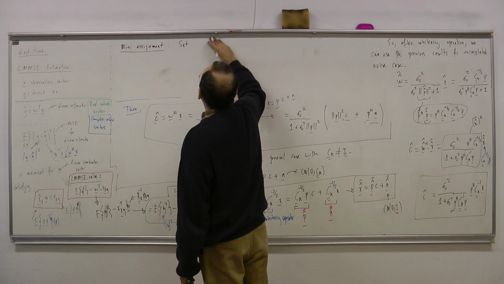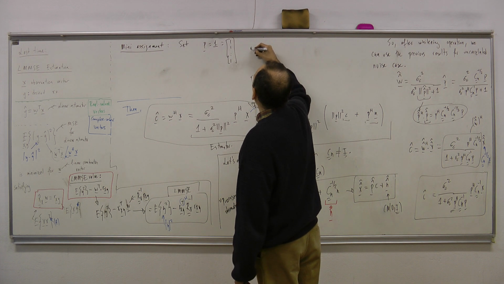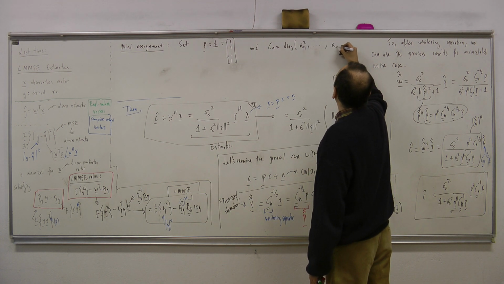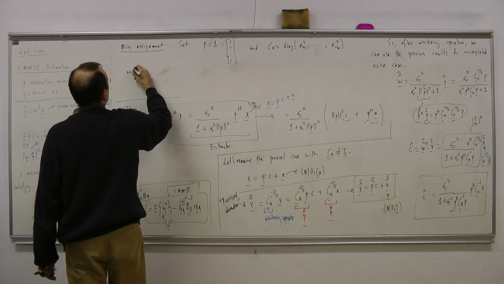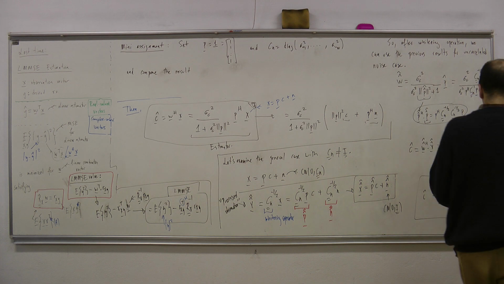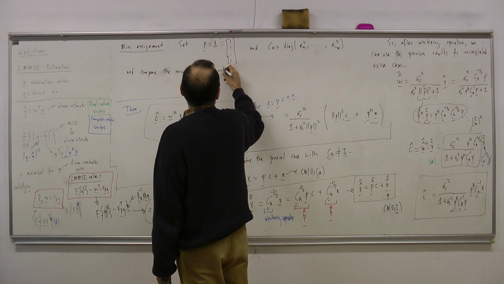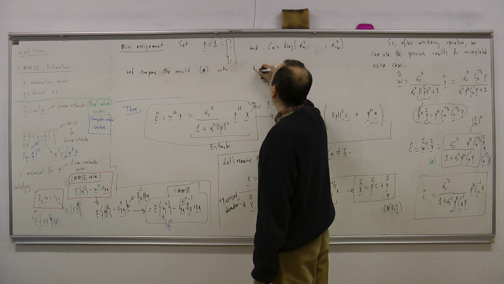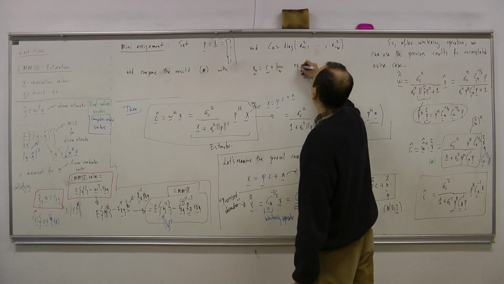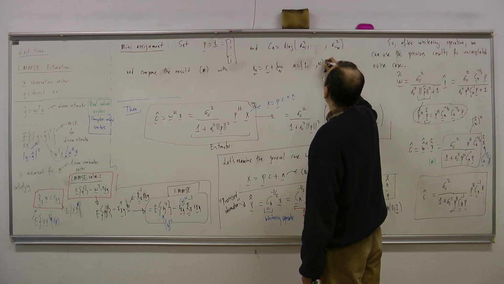Set P equal to the all ones vector, 1, 1, 1, and Cn equal to a diagonal matrix, sigma 1 square through sigma N square, and compare the result, let's say star, with X of n equal to C plus W of n from the example in the previous lecture, lecture number 33, where we had the solution.